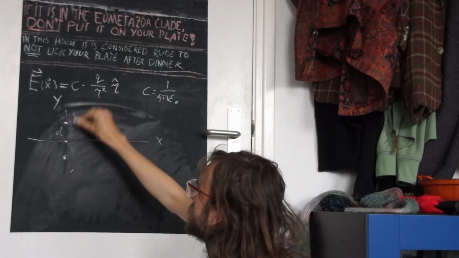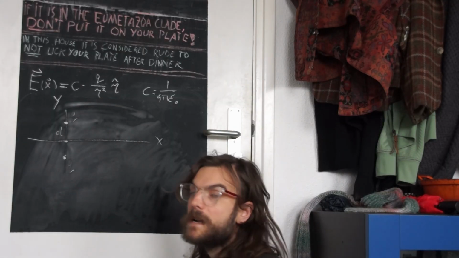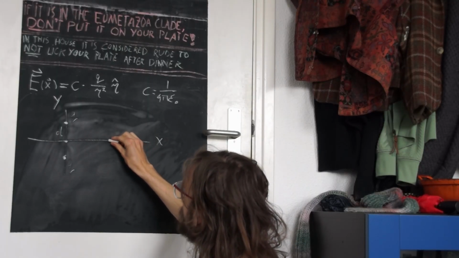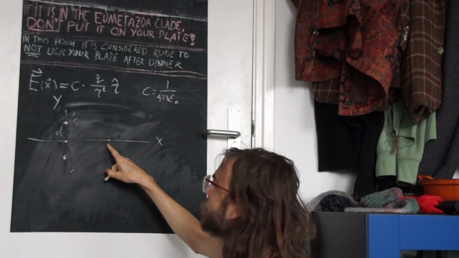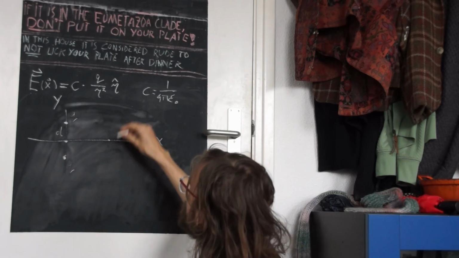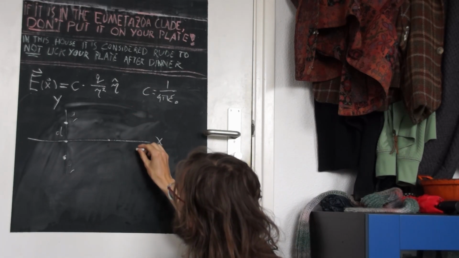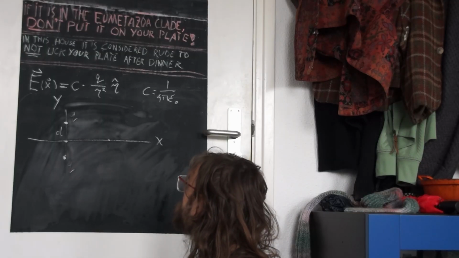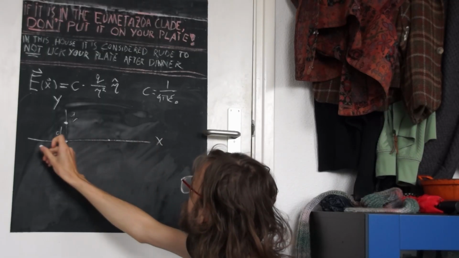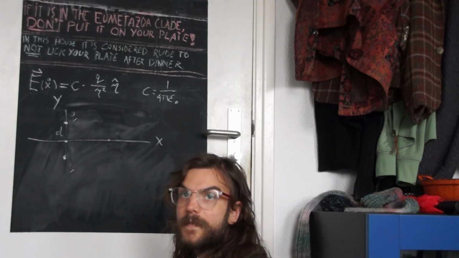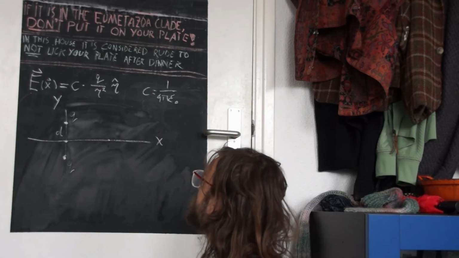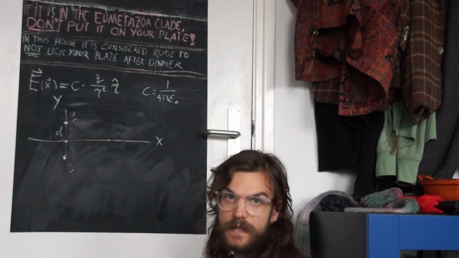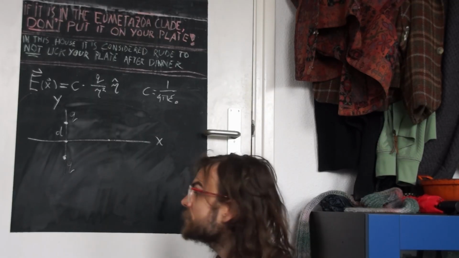And they're both on the y-axis. And now my question is, how strong is the electric field on the x-axis? You don't have to do any points here or here, because then the mathematics becomes too bothersome. I just want to know the strength of the field on the x-axis and the direction. The direction is actually super simple. So pause now, see if you can figure it out. Think about it for a bit.